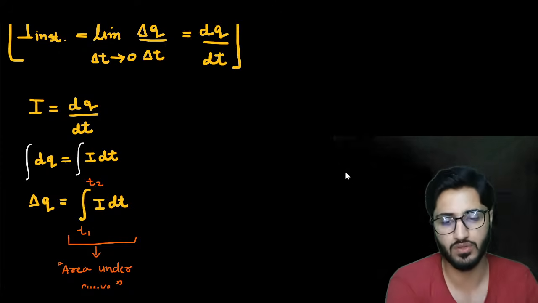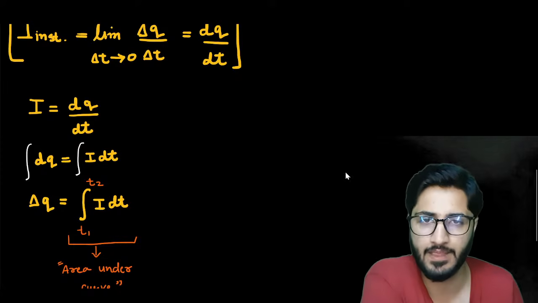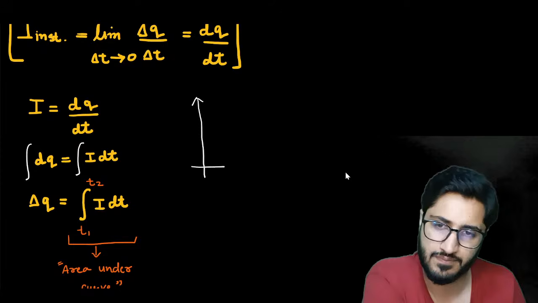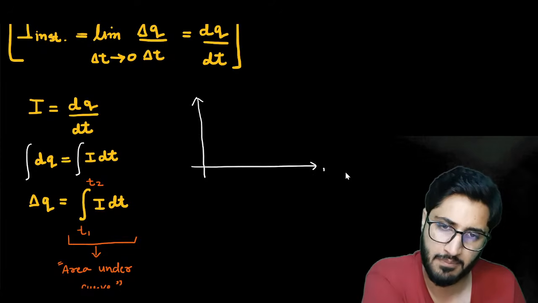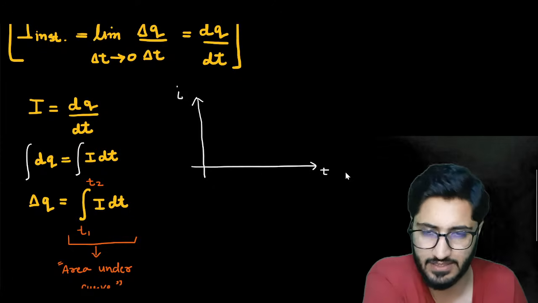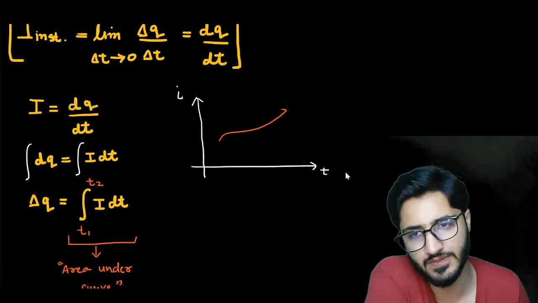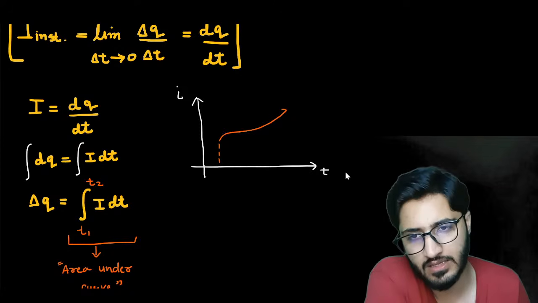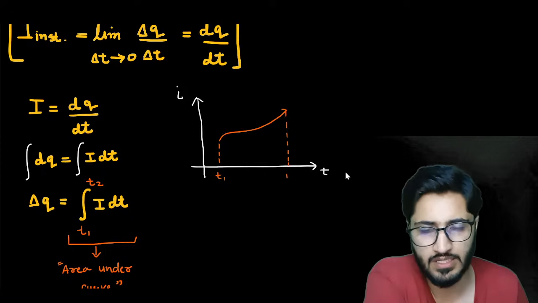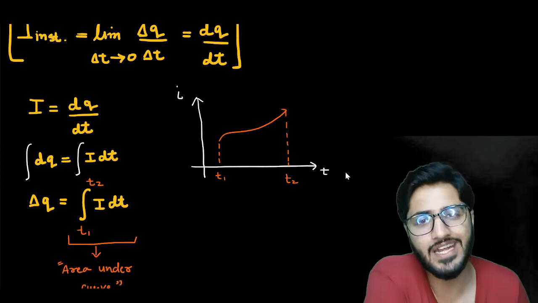Sir, how? Look, beta, if we have something like this, a time and current graph given in this way. This initial point is T1, and this one is T2. I need to get its area.